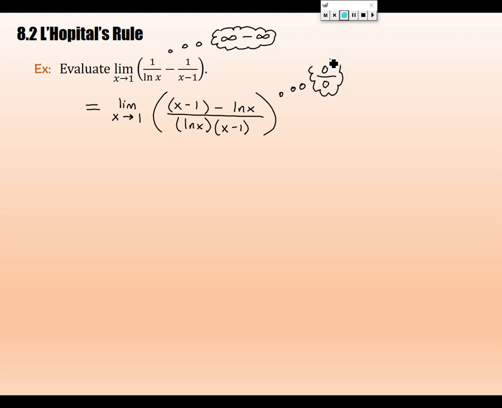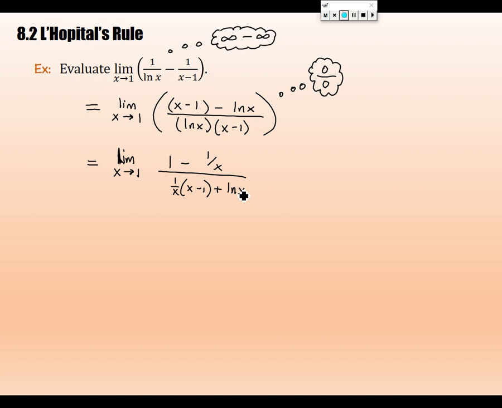Taking the derivative here is not super fun though. In the bottom we have to use the product rule, but everything will be okay. We'll use L'Hopital's now: on the top and the bottom we'll take derivatives. On the top, and on the bottom, what do we have? 1 over x times x minus 1 plus ln x.